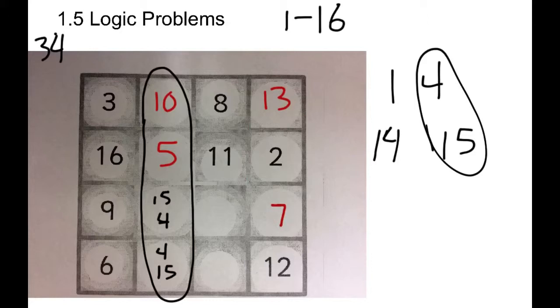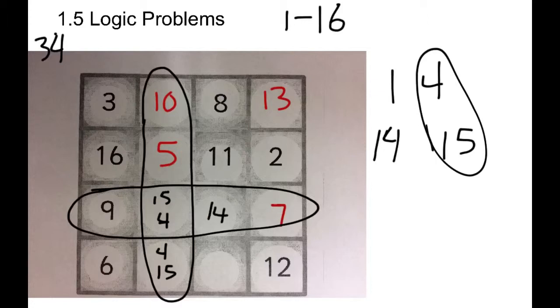Okay? And then let's do it the same way. Let's pick a row going the opposite direction and do the same math. We have 9 and 7, which is 16. It has to add up to 34, so 34 minus 16 is 18. So the two digits have to add up to 18. Which are the ones that we have left that add up to 18? 14 and 4.